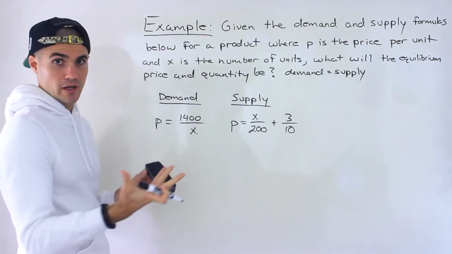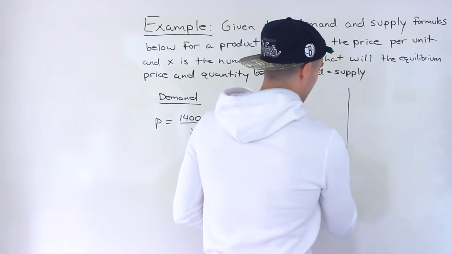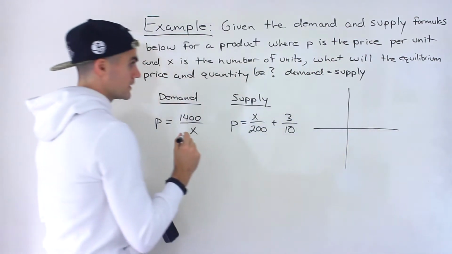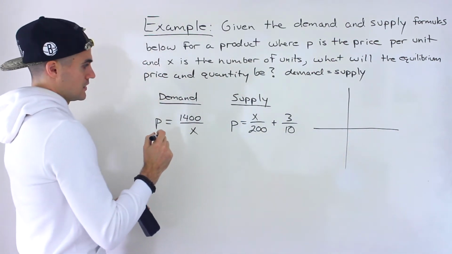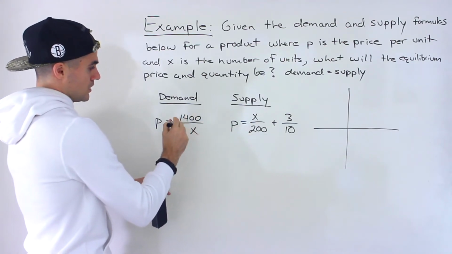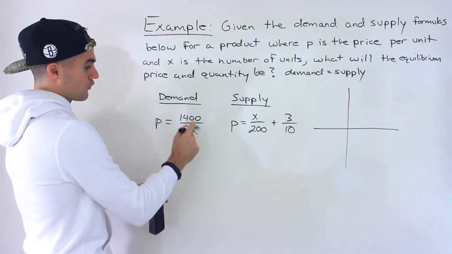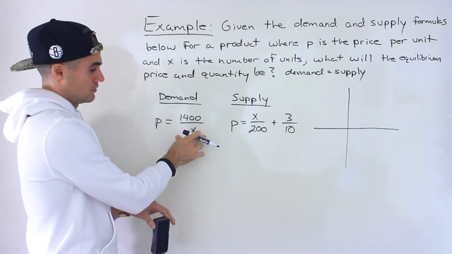We're going to solve this algebraically, but just to give you a visual of what's happening quickly, it's not essential, but just in case you want to make sense of these functions: notice that this demand function, P equals 1400 over X, is a reciprocal function.